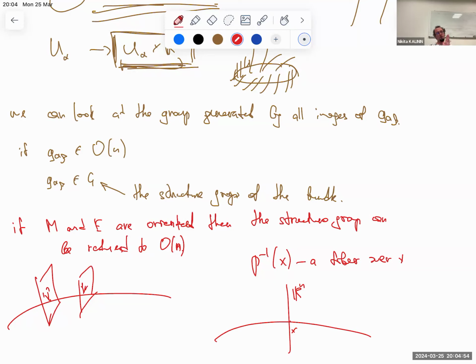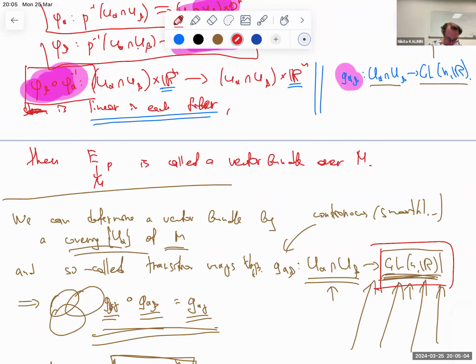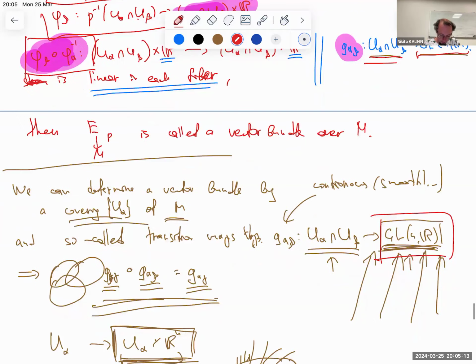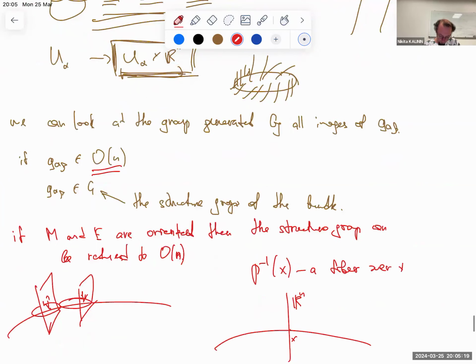And then when I glue these fibers using these maps above, it will preserve the metric. And so automatically my maps here will be in ON, because ON is exactly the linear maps which preserve the metric on the space.